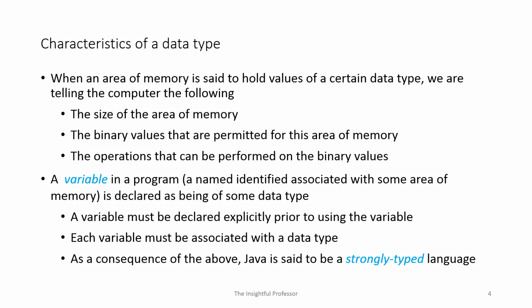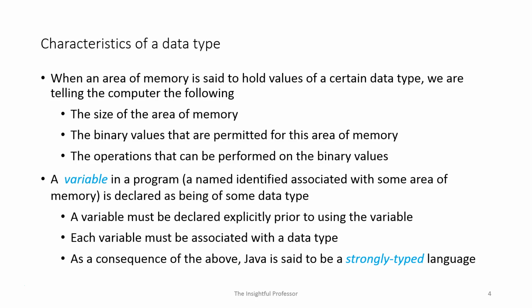That data type will determine what are the valid or permitted binary values for this chunk of memory. And finally, the data type will indicate to Java what operations make sense, what are valid operations that can be performed on the binary values stored in that particular memory location.